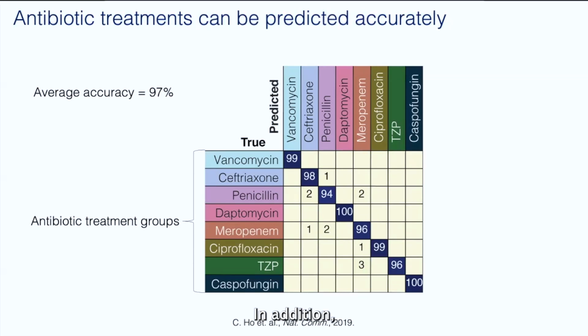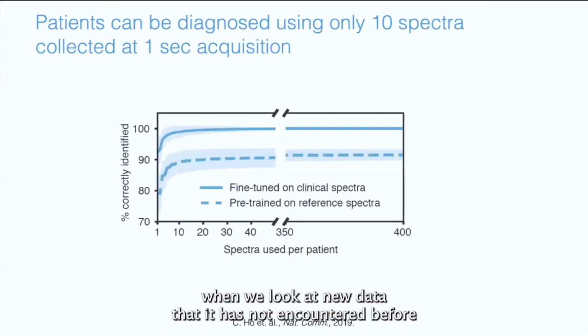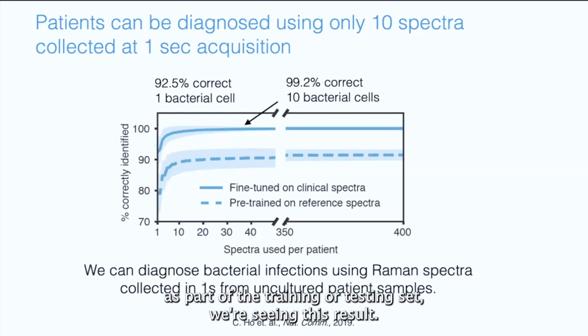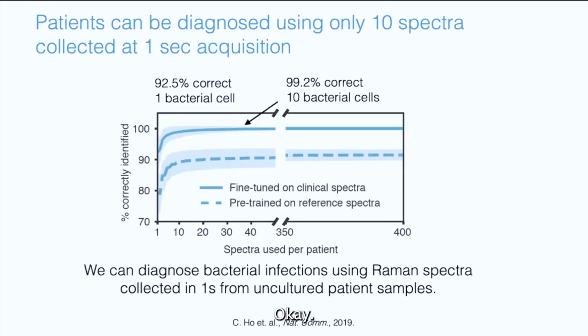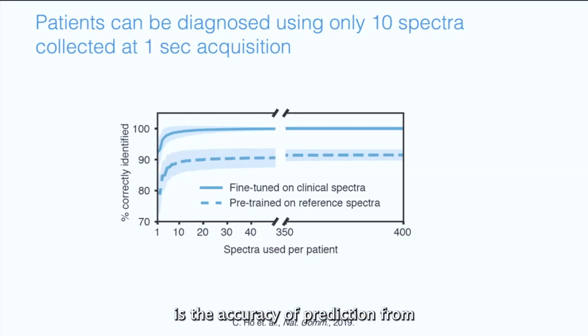In addition, when we look at new data that it has not encountered before as part of the training or the testing set, we're seeing this result. The y-axis is the accuracy of prediction from 70 to 100%.